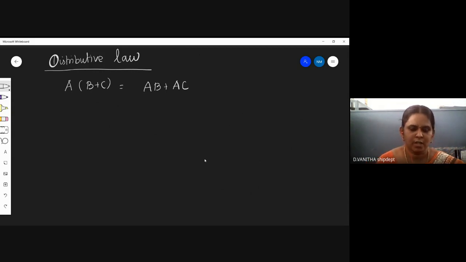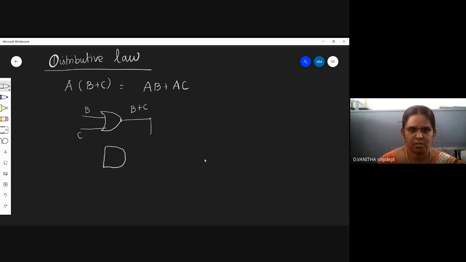First of all, A is the first one. The bracketed terms have to be taken first. This will be drawn by using an OR gate. So this is B, C. We are getting the output as B plus C. Next, A into B plus C, we have to draw an AND gate.